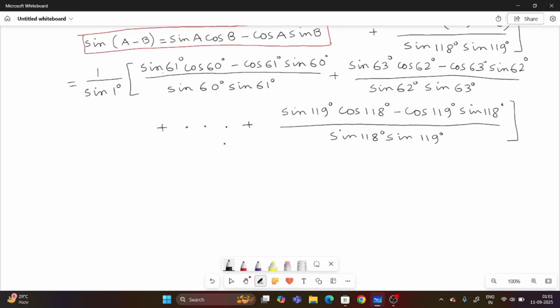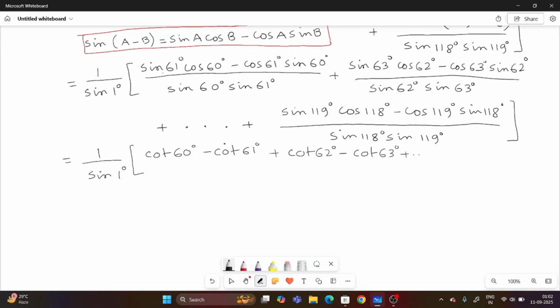So continuing this process, we can write the next step as 1 by sin 1 into, within bracket, the first term is cot 60 minus cot 61, plus, for the second case, sin 63 cancelled, we shall get cot 62 minus, sin 62 cancelled, cos 63 by sin 63 is cot 63.